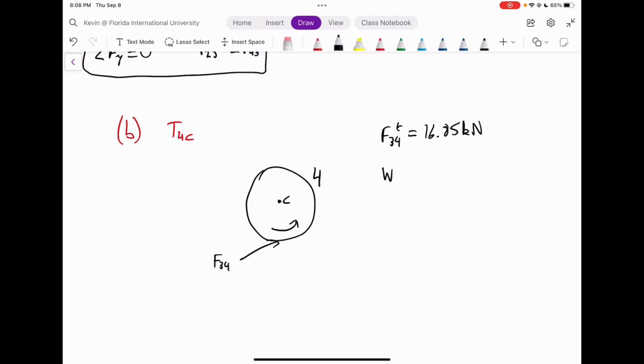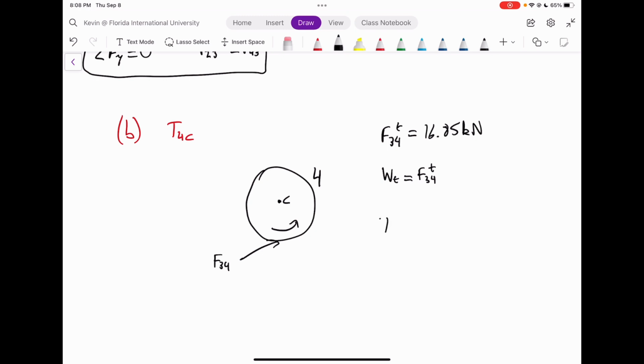And you can also find it by WT is just equal to F3-4T as well, okay? So you can find it by WT if you want to. And then we can find the torque in multiple different ways. We can find the torque either from the power, or we can find the torque directly from our relation between WT and the torque, which is usually the easier method.